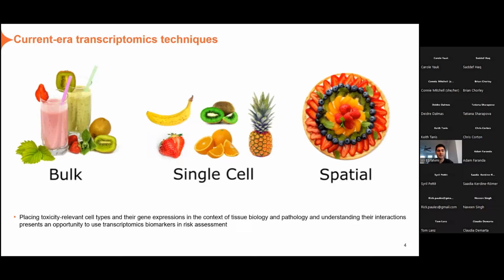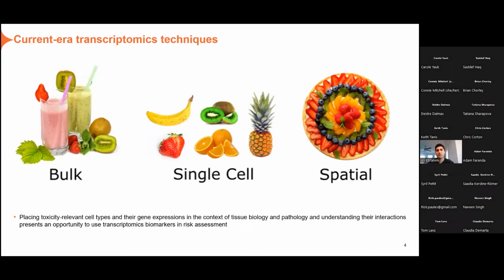But what you miss with this is the tissue itself, where that single cell comes from in the context of that organ, or that system that you are studying. And spatial transcriptomics is trying to address that missing piece.